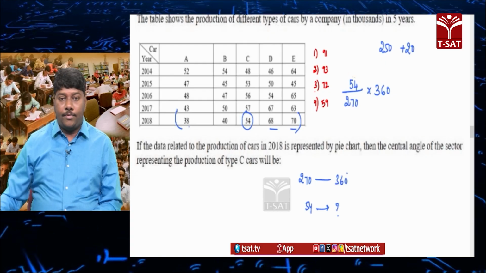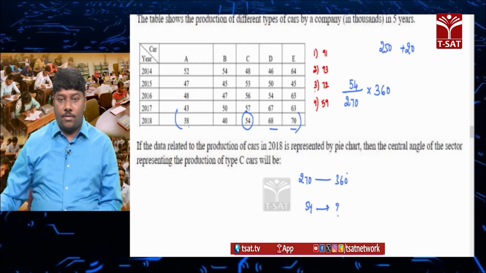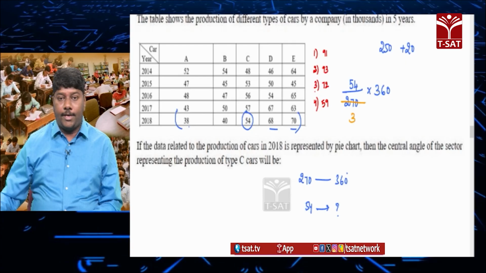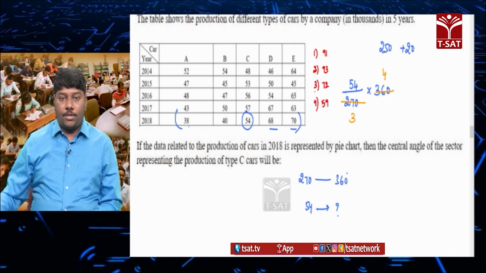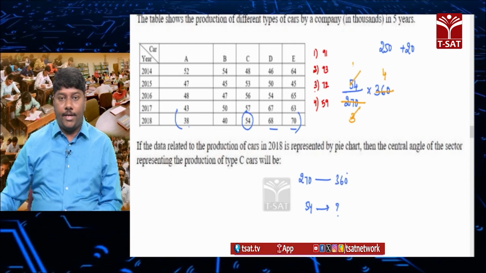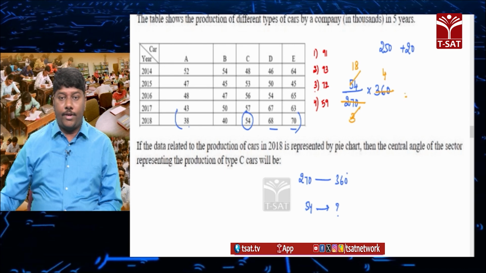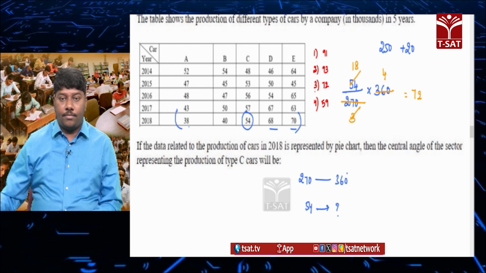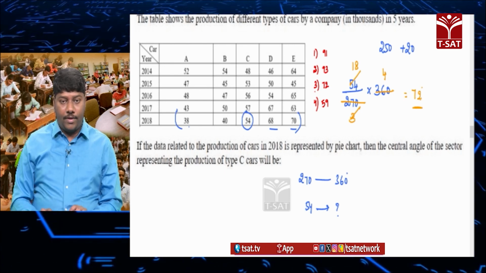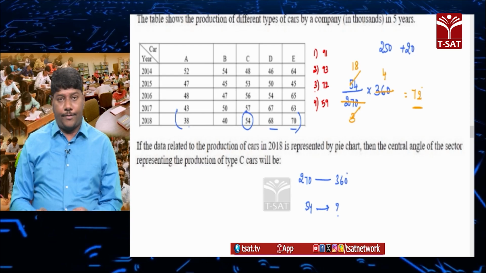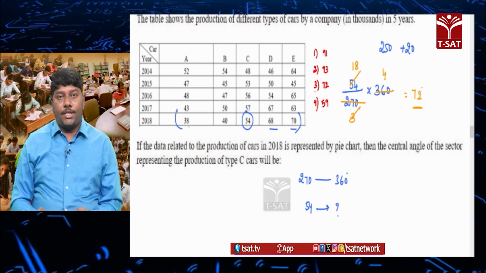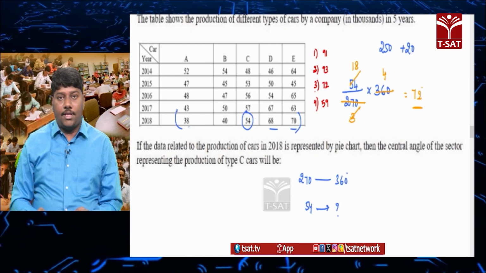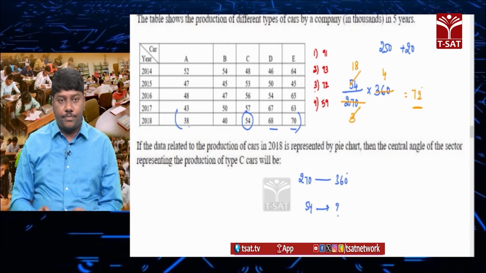So we can cancel. 9 3s are 27, 9 4s are 36, 3 1s are 3, 18, 4 18s are 72 degrees. If you know calculations well, 54 5s are 270. Therefore, you can say it is 1/5 of 360, that is 72 degrees.